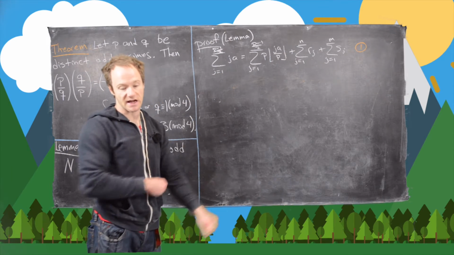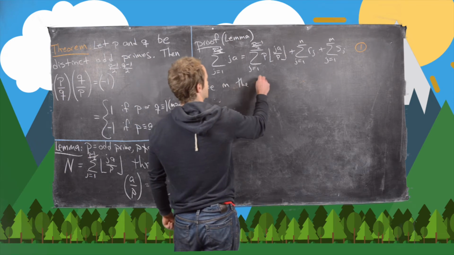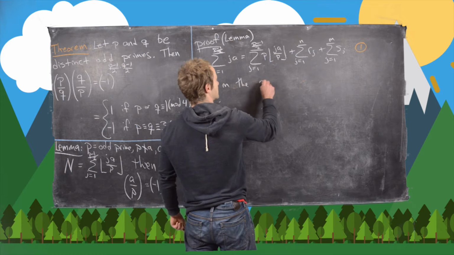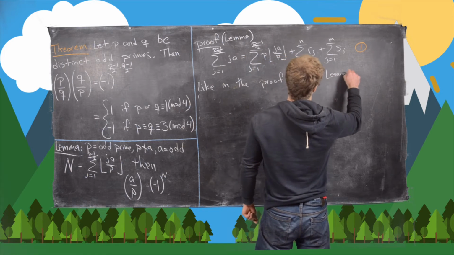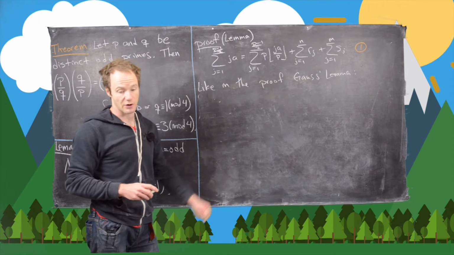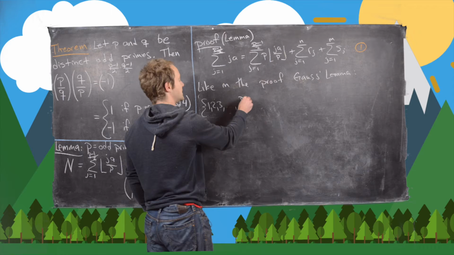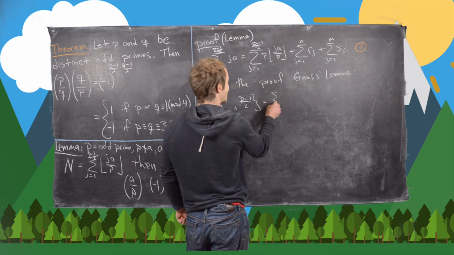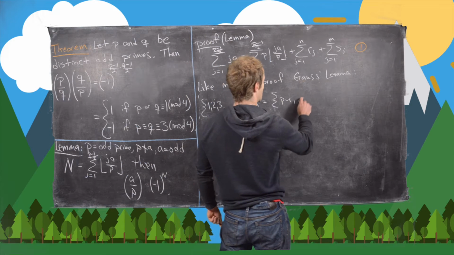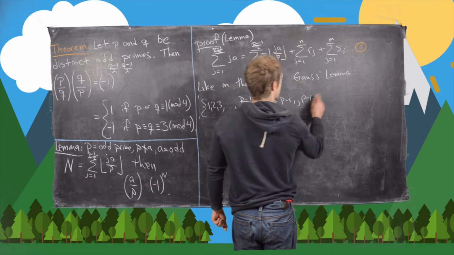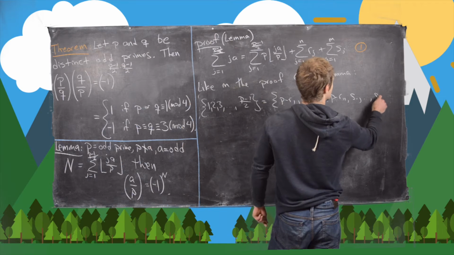Good. So now the next thing I want to notice is the following. So this comes from the proof of Gauss's lemma. So again, I'll let you guys look up that proof if you need to. I have a video of it. So we get the following. This set 1, 2, 3 up to p minus 1 over 2 is exactly equal to this set p minus r1, p minus r2, up to p minus rn, and then s1 to sm.